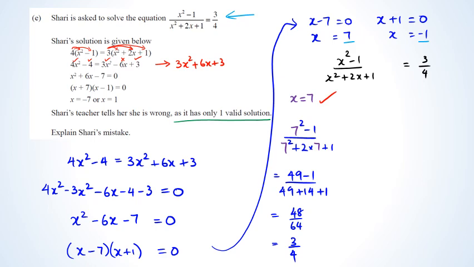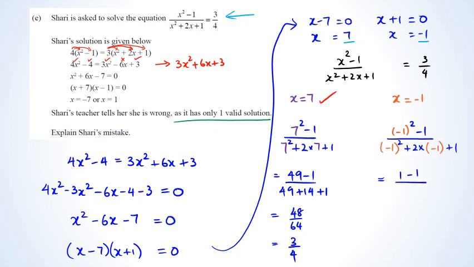Now I'm going to try x equals minus 1. So I have negative 1 squared minus 1, divided by negative 1 squared plus 2 times negative 1 plus 1. Straight away I'm starting to see problems, because negative 1 squared is 1, 1 minus 1 gives 0 on the top.